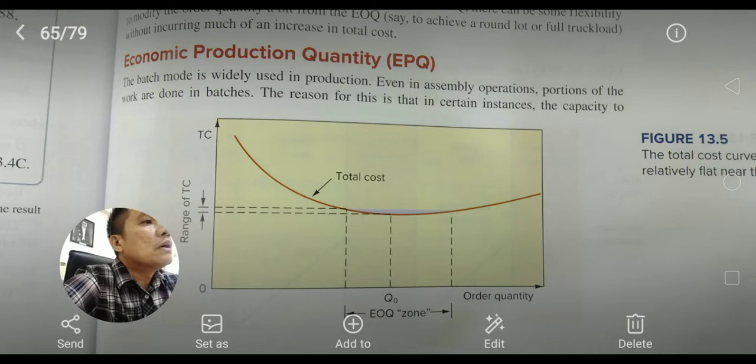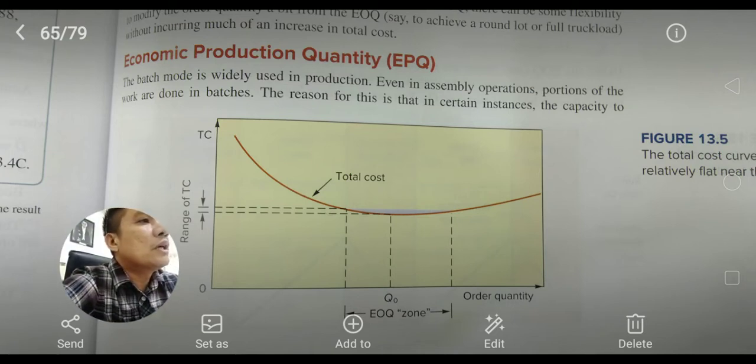Okay? Now, ang behavior kasi ng inventory under economic production quantity or EPQ is that usually yung production is continuous na nangyayari. Therefore, the increase in inventory is almost in a continuous flow. Unlike sa EOQ na nag-place ka ng order at dadating yung order at a particular time, so biglang taas agad yung inventory mo.